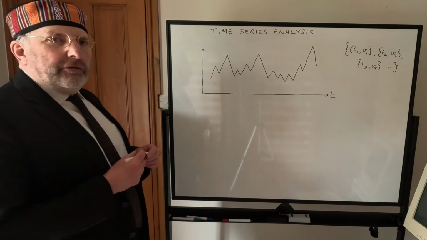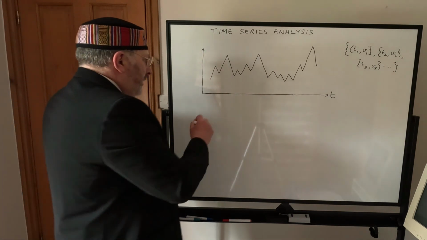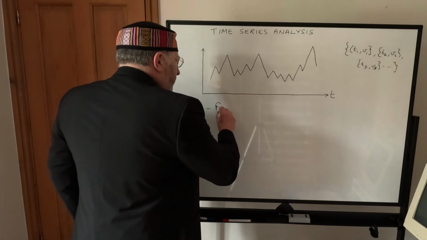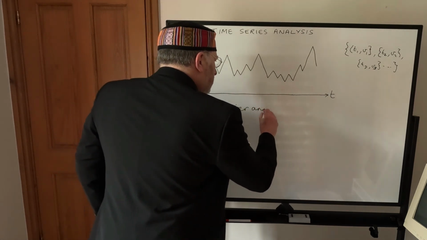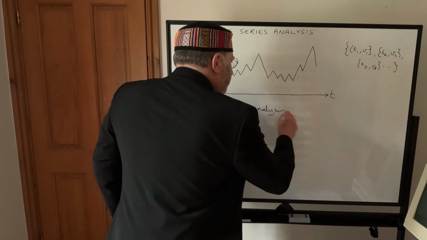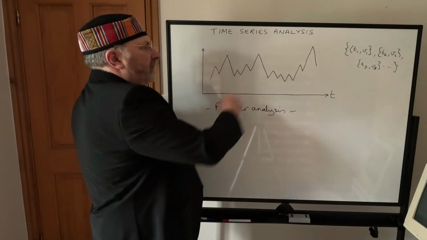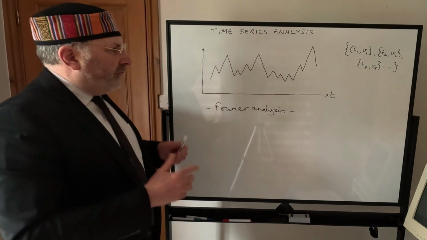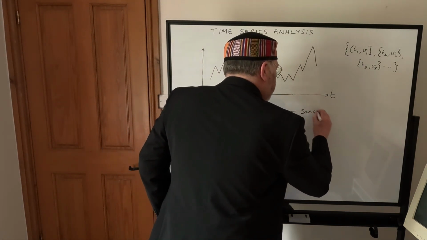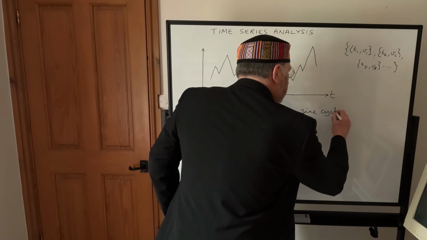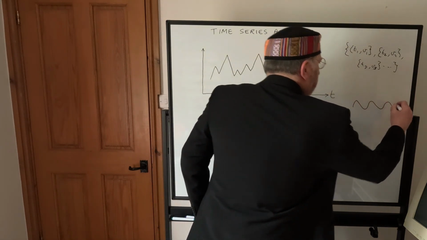And we're going to be considering three different ways of approaching that. So the first one is Fourier analysis. And this is about decomposing our signal into a set of sinusoidal oscillations or sinusoidal cycles. So we know what a sine looks like.